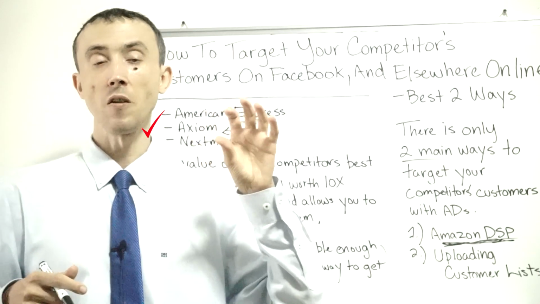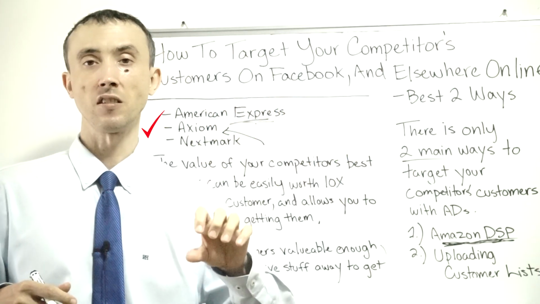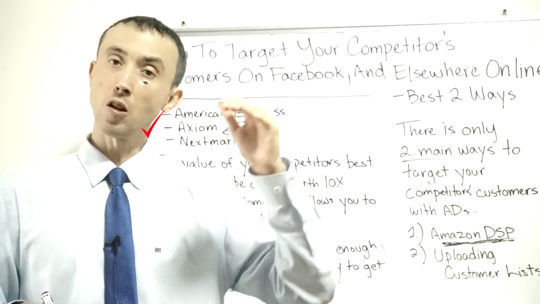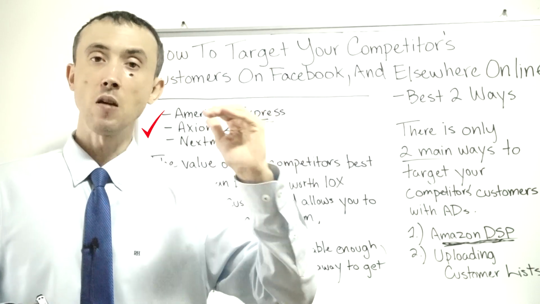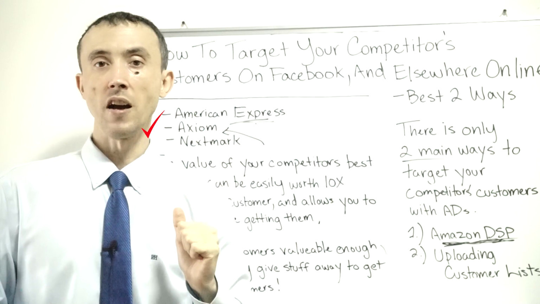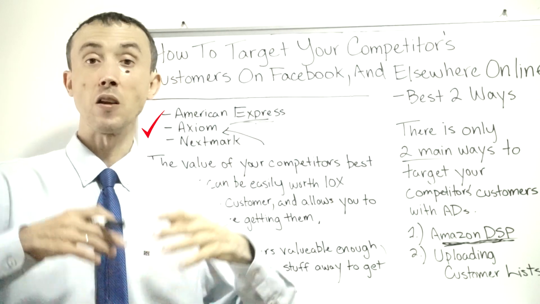If they have the list, and they have 60,000 plus customer lists there, it'll pop up, and then you can pay per customer that you want and get your customer data there.